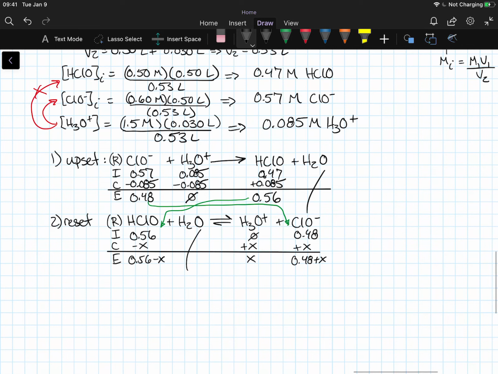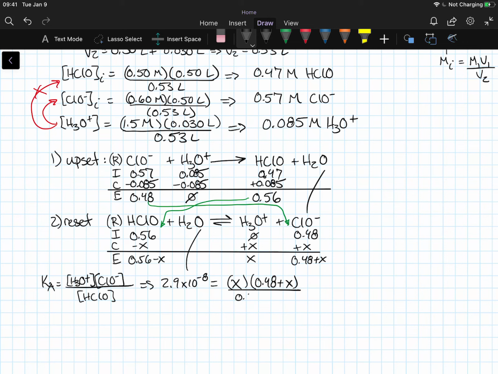As usual, we set up our weak acid equilibrium. Ka is equal to H3O plus times ClO minus over HClO. This should be getting automatic at this point. This is still equal to 2.9 times 10 to the negative 8th, and that's equal to the H3O plus concentration X times 0.48 plus X over 0.56 minus X. And again, we assume X is small.